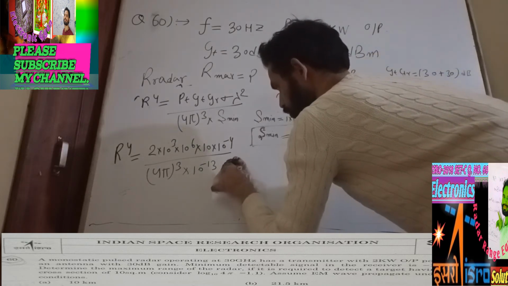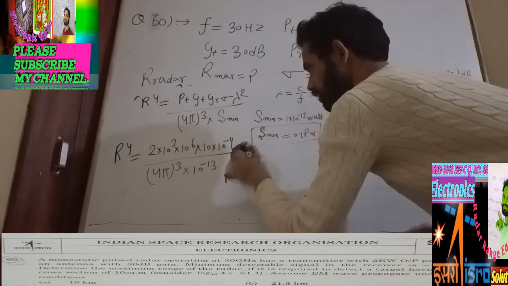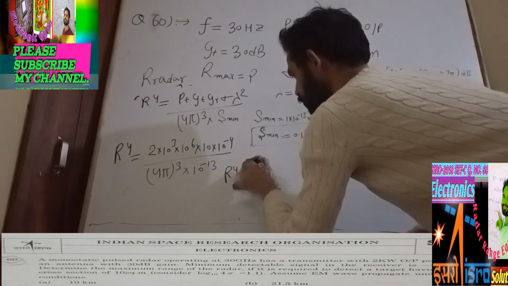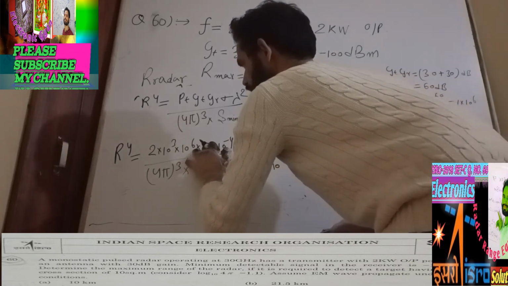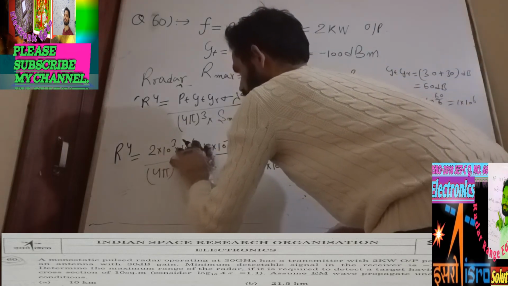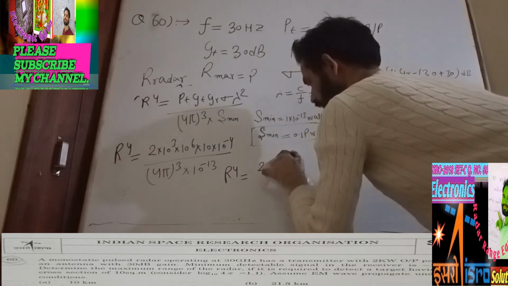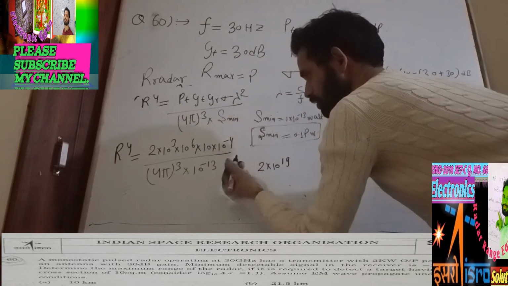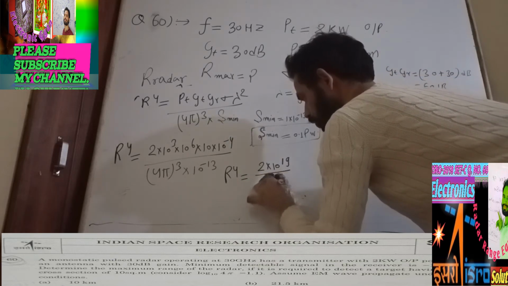So R to the power 4 is equal to 2 into 10 to the power 90, divided by 4 pi whole cube.